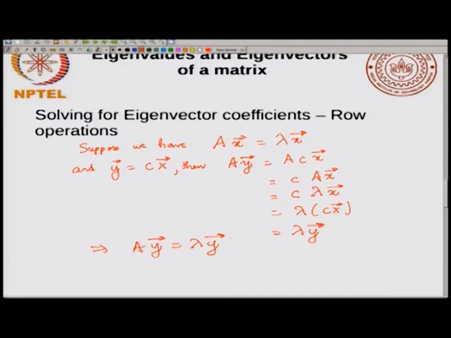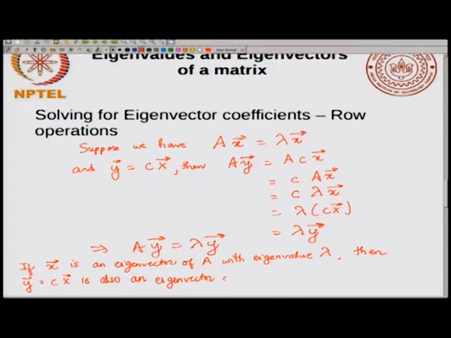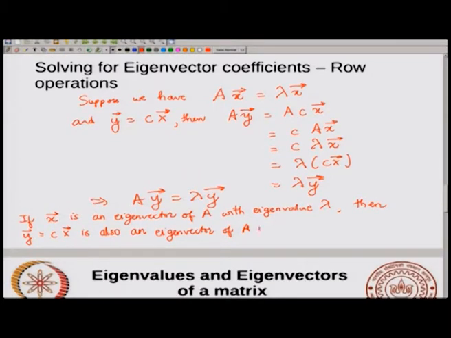So what this implies is that if x is an eigenvector of A with eigenvalue lambda, then y equal to some constant times x is also an eigenvector of A, with the same eigenvalue lambda.